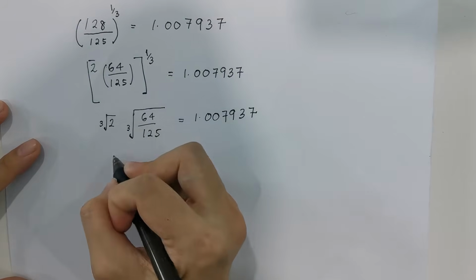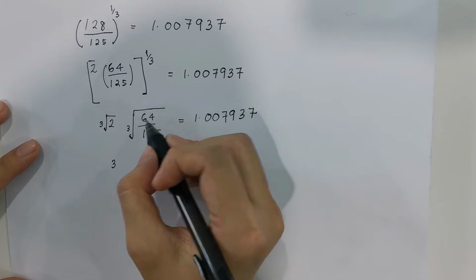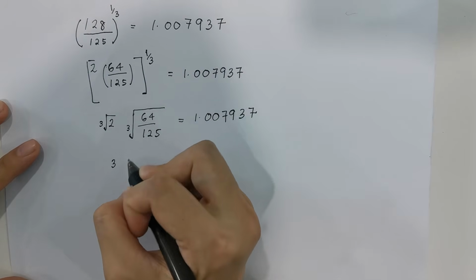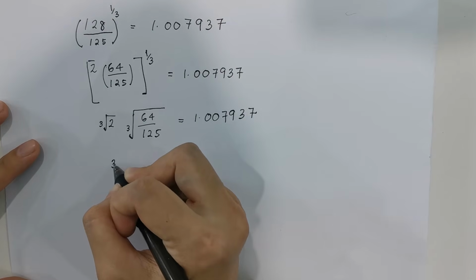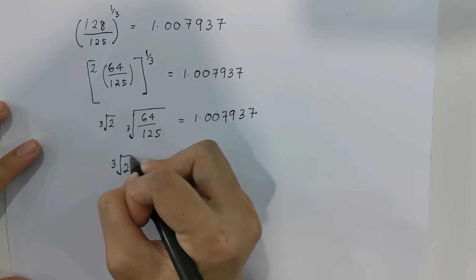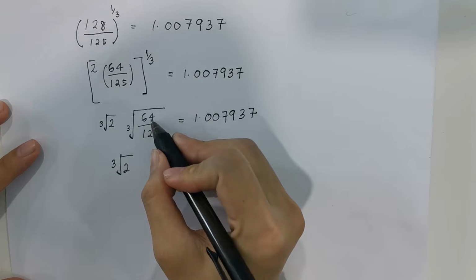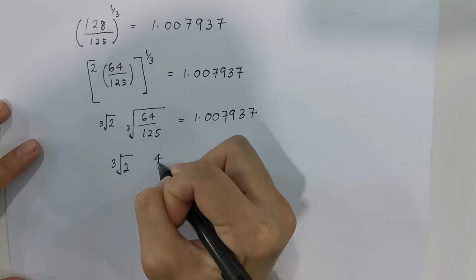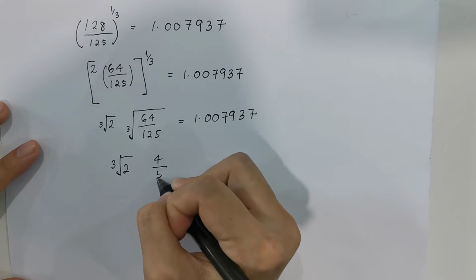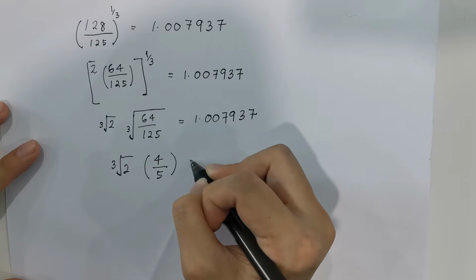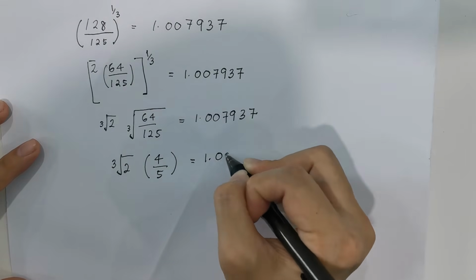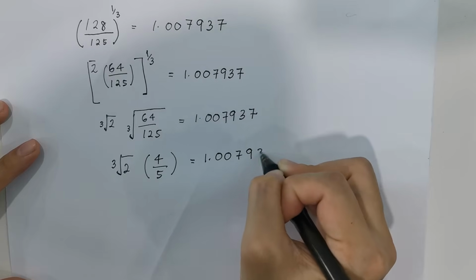Now simplify wherever we can. The cube root of 64 is 4, and the cube root of 125 is 5. So we have 4 over 5 here, equals 1.007937.